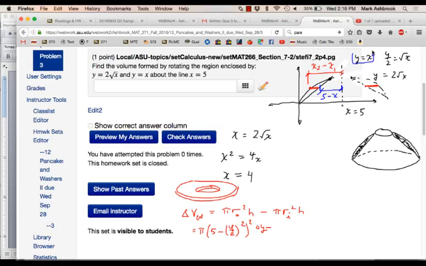So it's going to be the y version of this x, which is just y. So that one's easy. So this is going to be pi times 5 minus y, squared, delta y. And I think we got it. So there's our setup work. There's the volume of our typical washer.